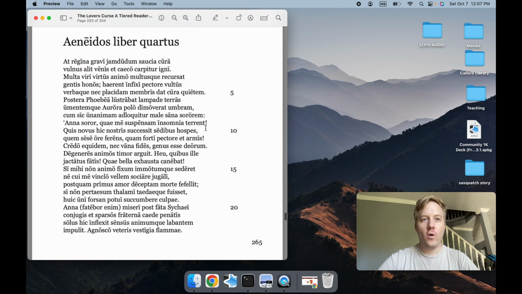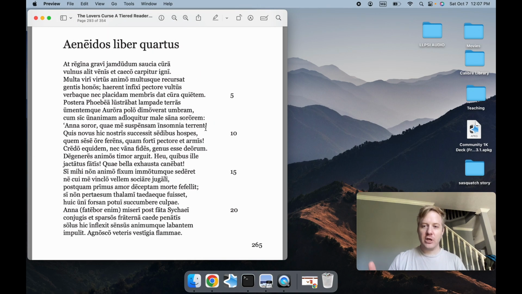The question is, what will you get once you've gone through all the tiers? You're not magically going to be able to read Virgil off the page perfectly as a result of this tier, because the purpose of this tier is to be able to access Virgil and the Aeneid when it's above your level. So let's say you need to be at level 8 Latin, whatever that means, to be able to read comfortably the Aeneid without too much support.